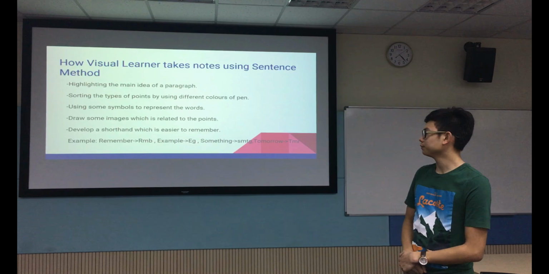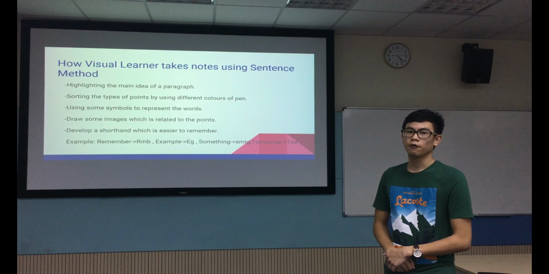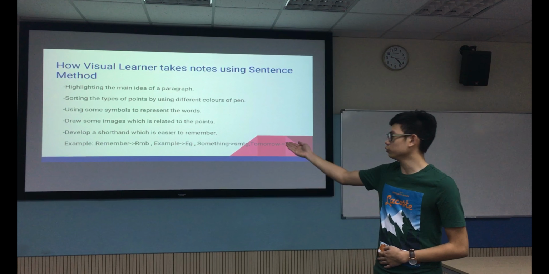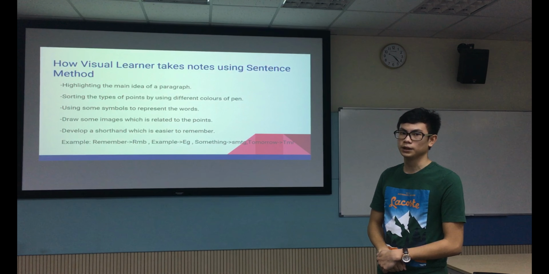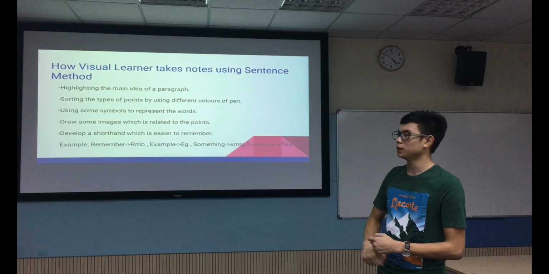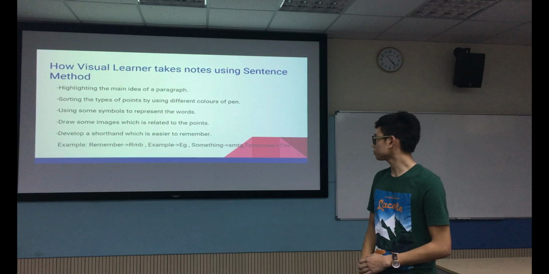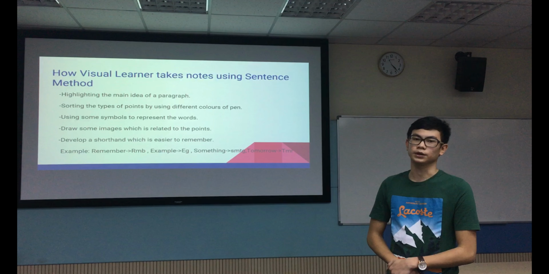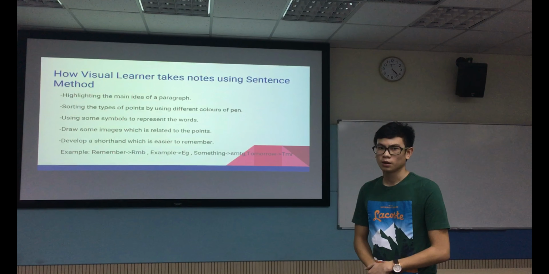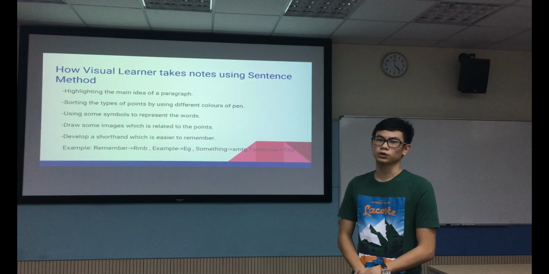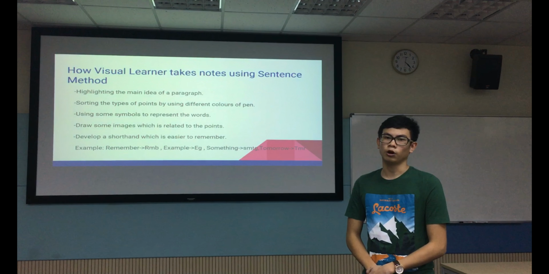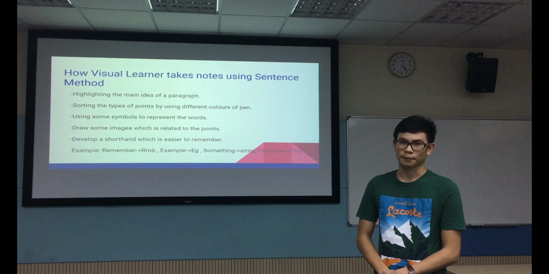Other than this, visual learners can develop a shorthand which is easier to remember. For example, the word remember can be written as RMB. The word example can be written as EG. The word tomorrow can be written as TMR. By using this method, we also can save our time and follow what the lecturers say.